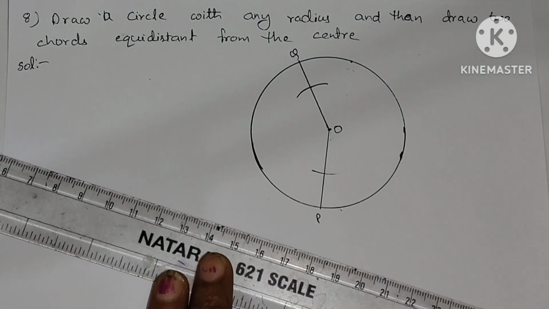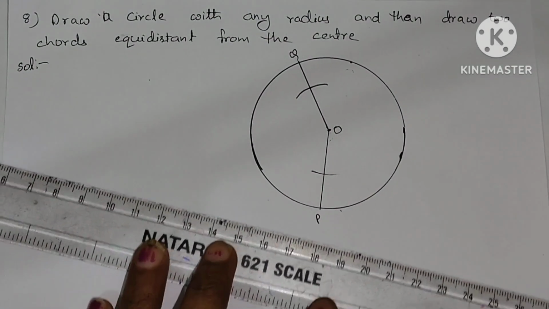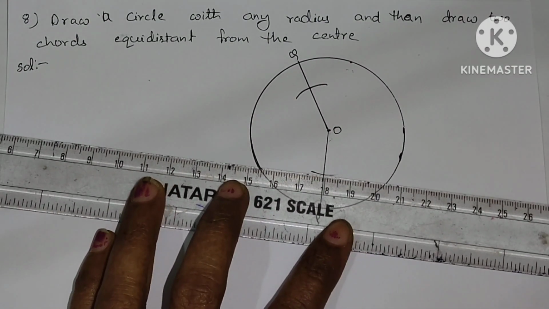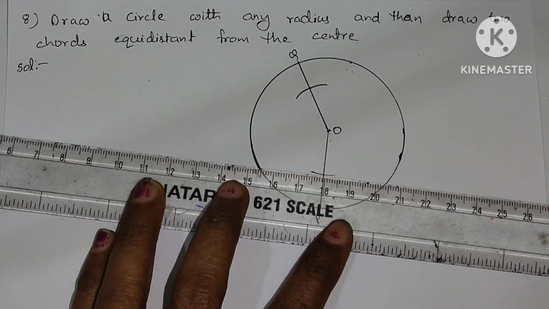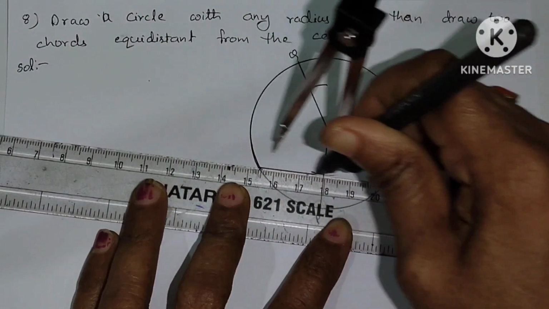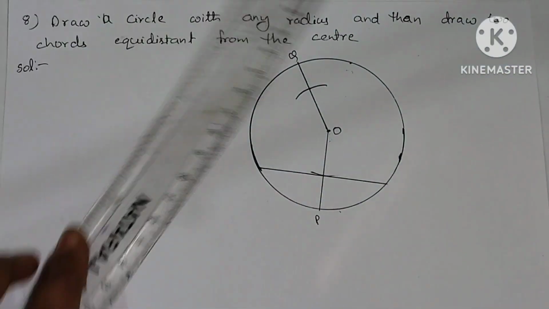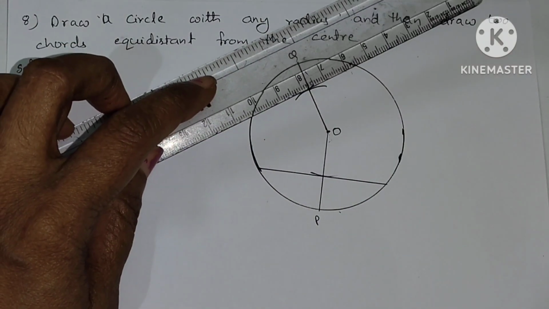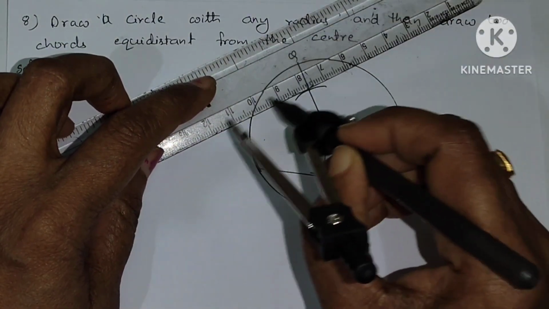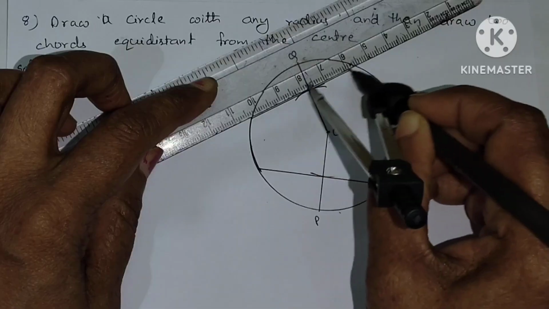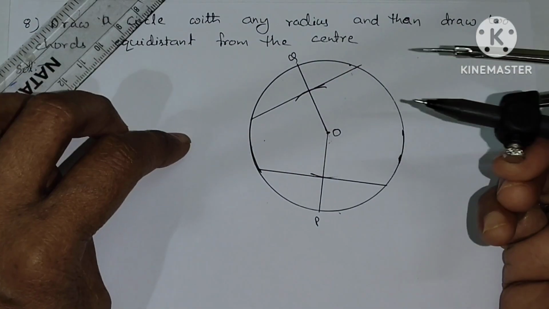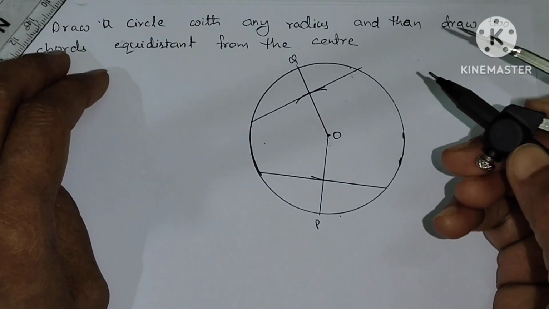Join these two points and draw the chord. Next, we draw another chord. So these two chords are equidistant from the center and equal in length.